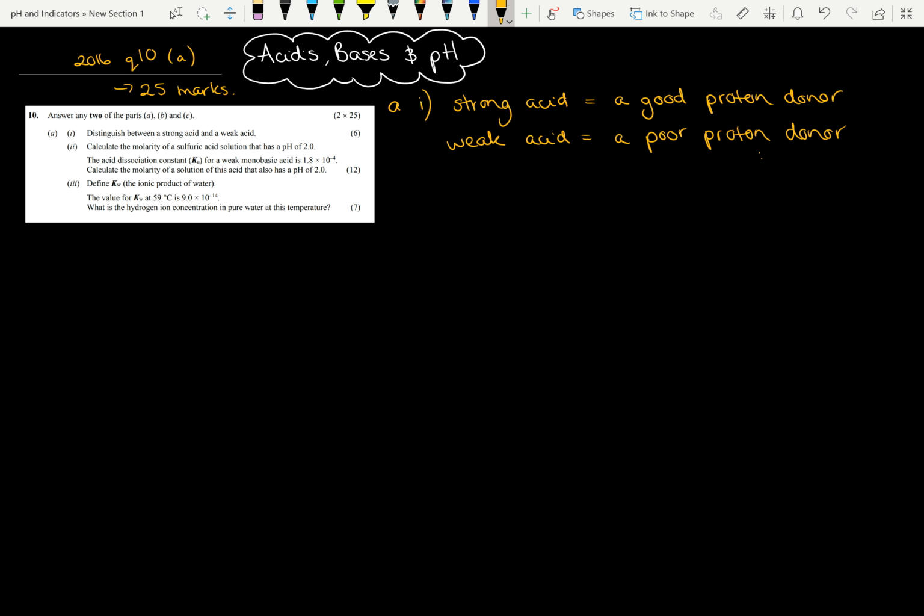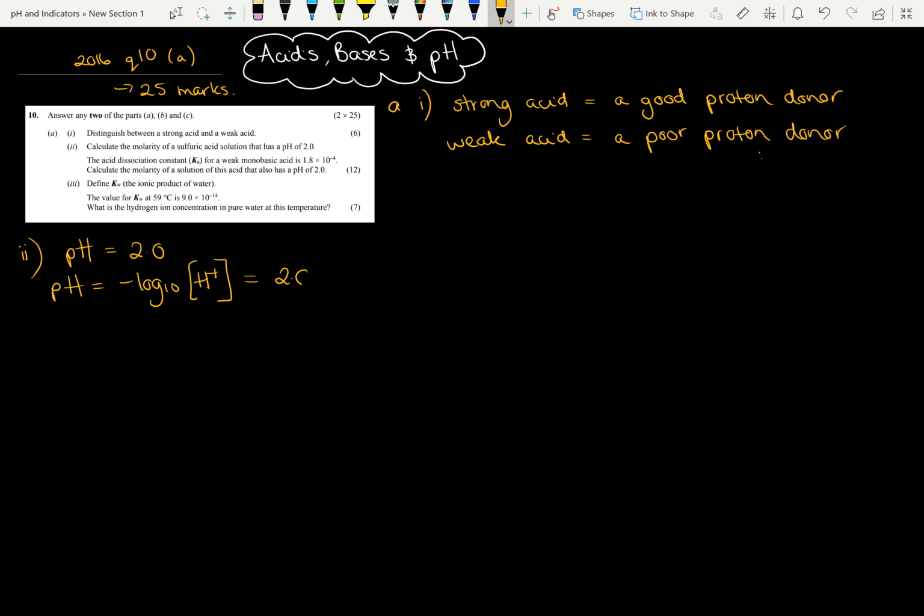So let's have a look at the next part, part 2. So they ask us to calculate the molarity of a sulfuric acid solution that has a pH of 2. Okay, so here we're working backwards from the pH to figure out the original molarity. So I'm going to use my equation for pH, which is minus log to the base 10 of the hydrogen ion concentration.